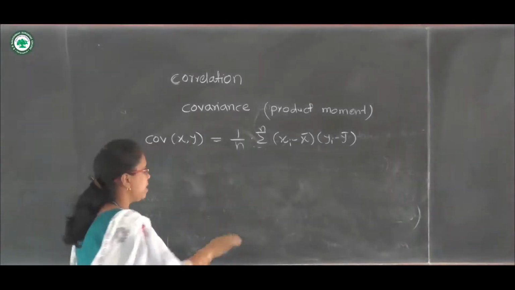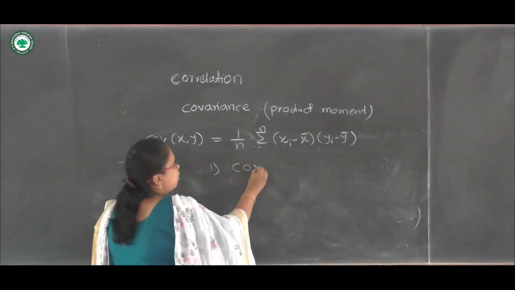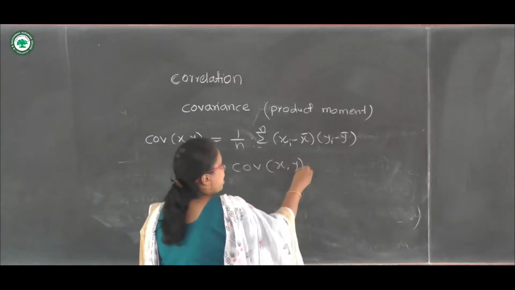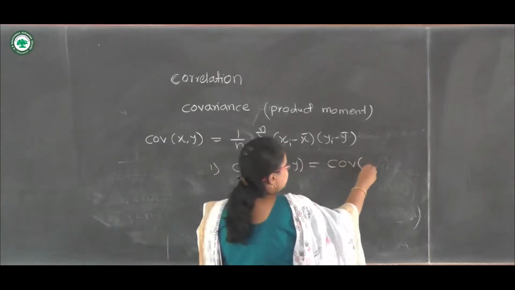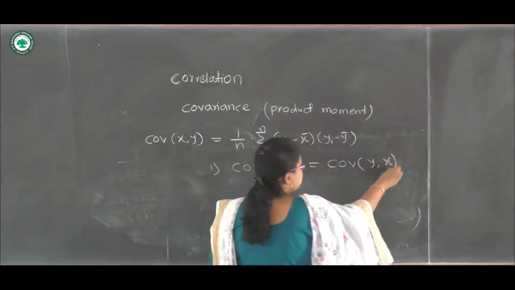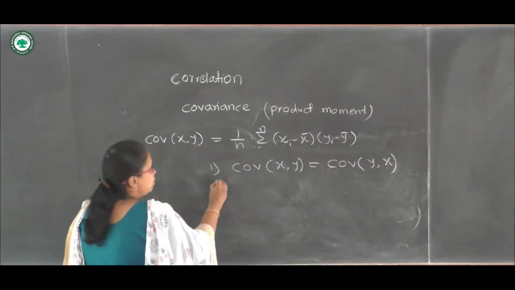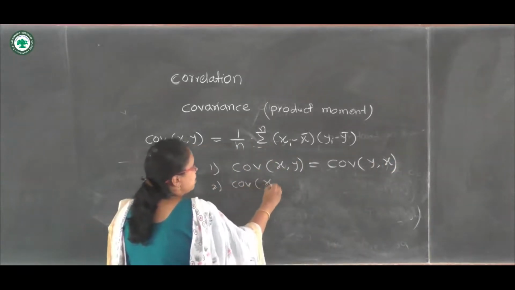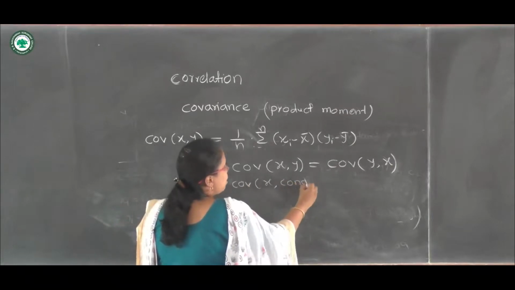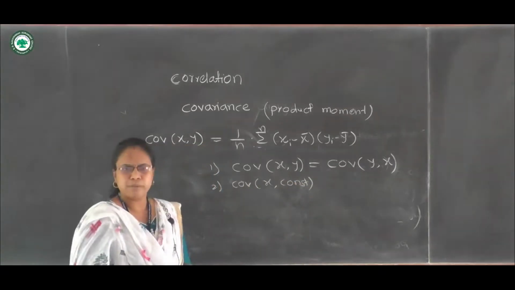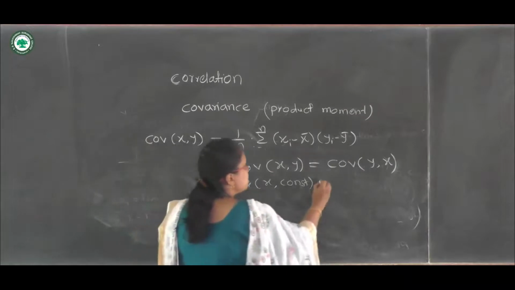Let us see some remarks. So first is, covariance between x comma y can be written as covariance between y comma x. Then covariance between x comma constant or constant comma y will be 0.